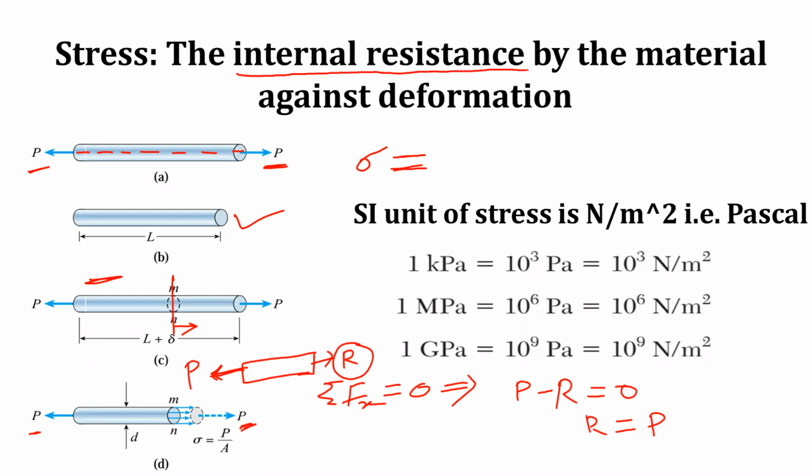So what is this internal resistance? It is nothing but this reaction R, because the opposing reaction is R, and the calculated value of this internal resistance is P, the applied load. That is the meaning of internal resistance.